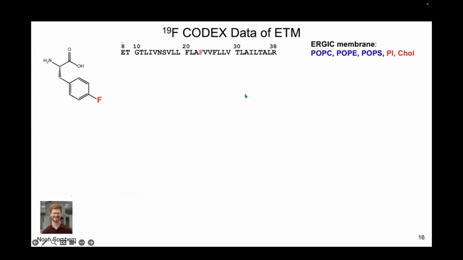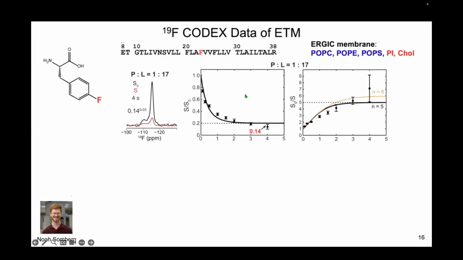Using this CODEX experiment, we incorporated a single fluorine into the E transmembrane peptide at one of the native phenylalanines, just at the para position. As you can see in this echo intensity measurement, when we have waited long enough to see the magnetization equilibration, we found that at about 2 or 3 seconds the echo intensity approaches 0.2, suggesting pentamers.